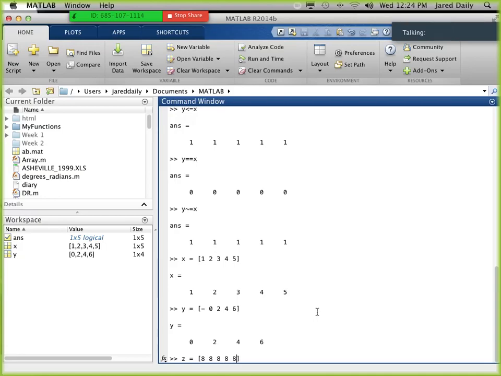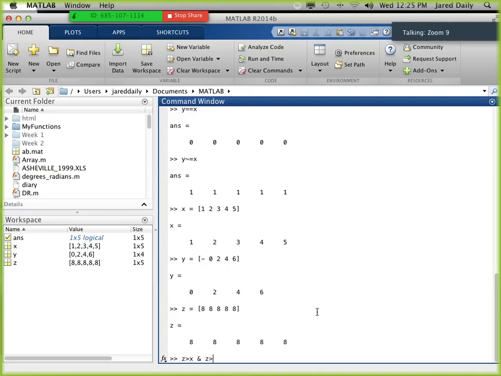Okay. Good enough? So we've got these things, and we want to know now, let's say, where is z greater than x, and, so we put in this ampersand, z greater than y.